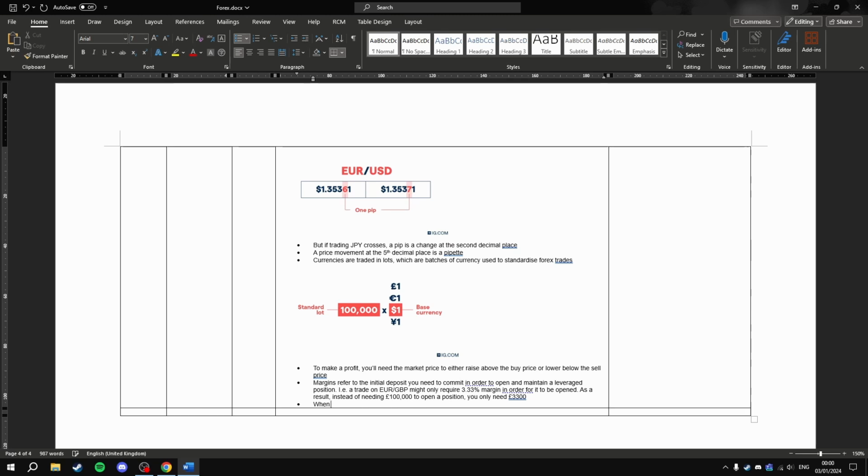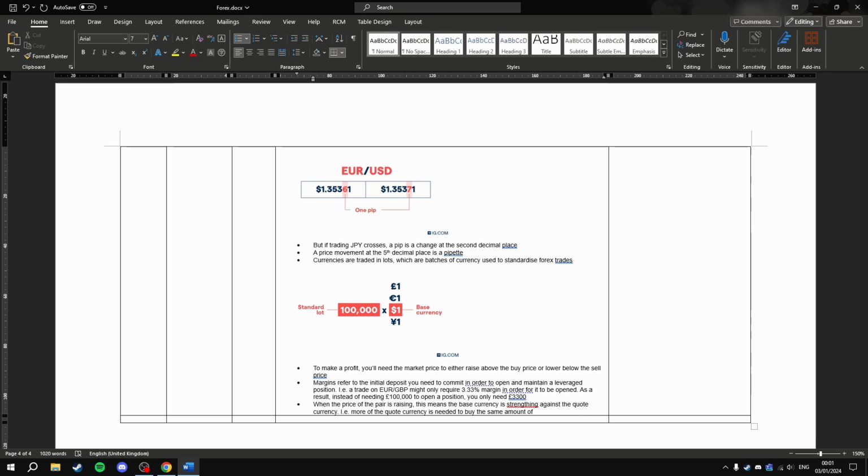When the price of the pair is rising, this means the base currency is strengthening against the quote currency, i.e. more of the quote currency is needed to buy the same amount of base currency.